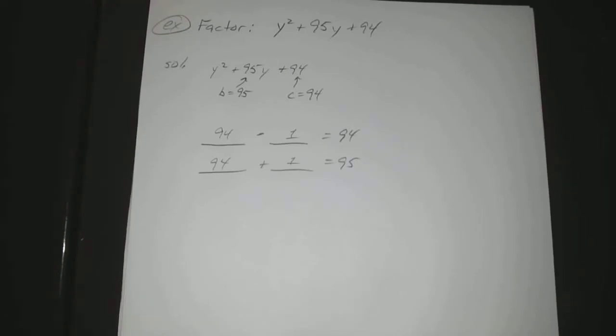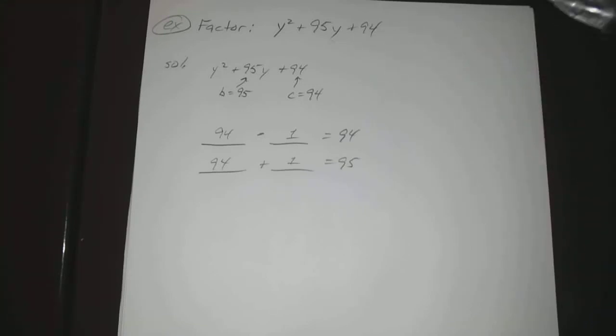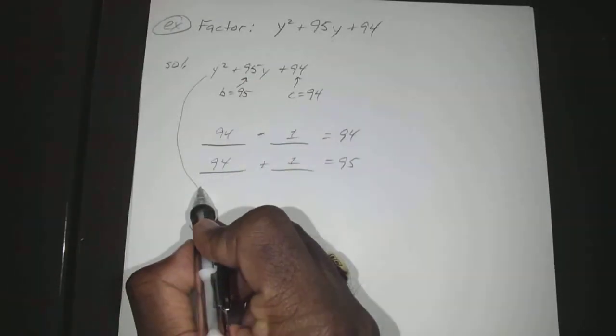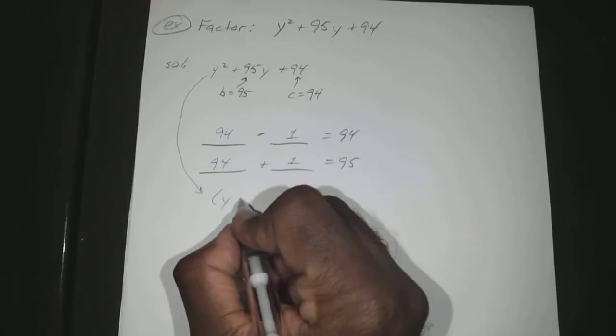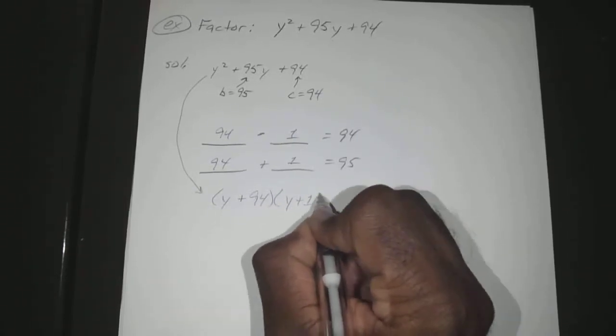If you saw 101y plus 100, then you just use 101. So that means this will just factor into y plus 94 times y plus 1.